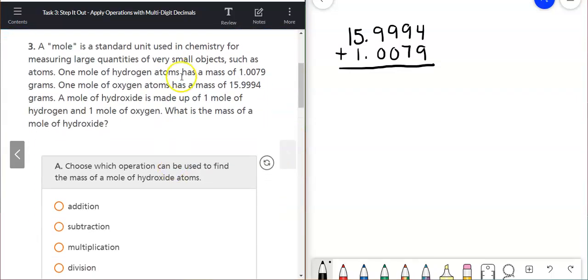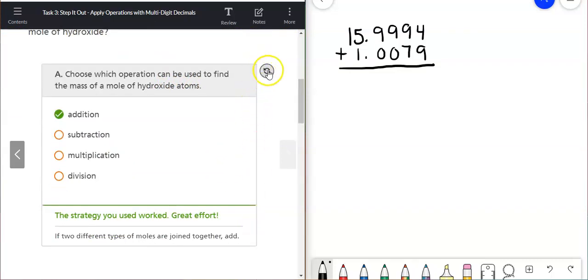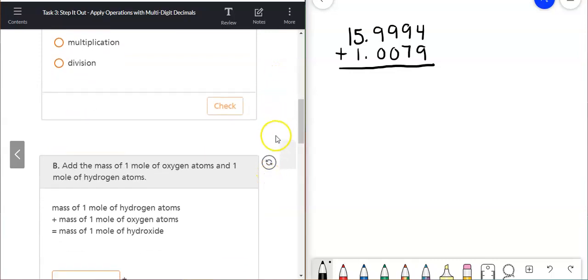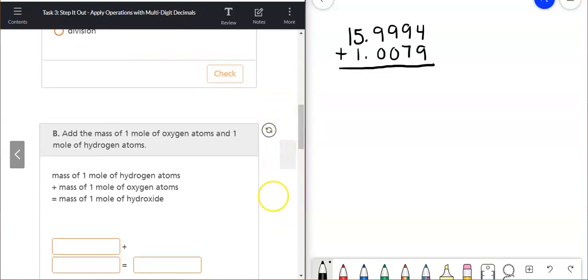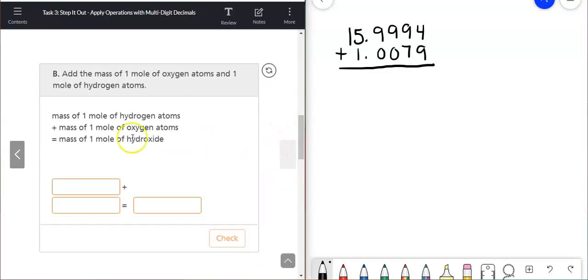So the best thing that we're going to do is add these. So addition is the right answer. And then we're going to add the mass of 1 mole of oxygen atoms and 1 mole of hydrogen atoms.